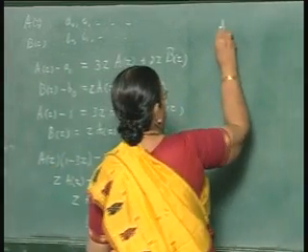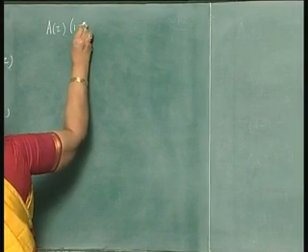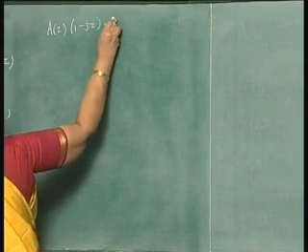So, you get A(z) into 1 minus 3z minus 2z.